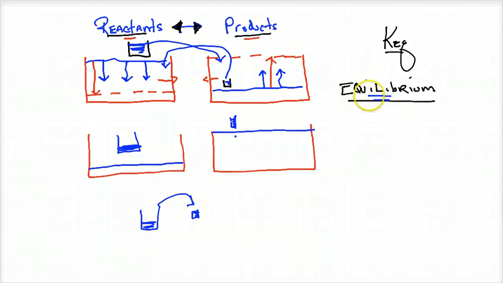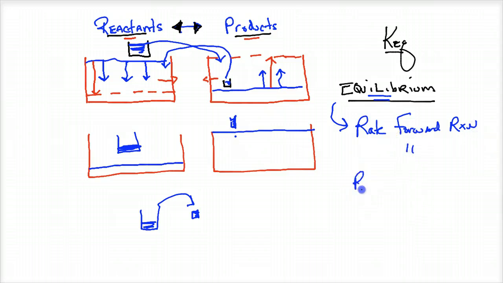So what is equal at equilibrium? The rate of the forward reaction is equal to the rate of the reverse reaction. So it's not about how much, it's about how fast each forward and reverse process was. And when those rates were equal, we're at equilibrium.